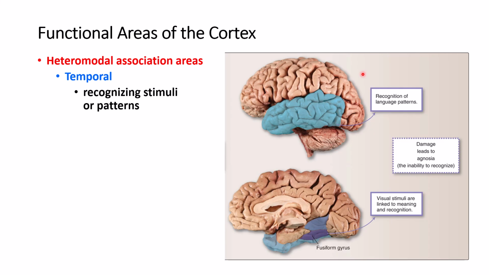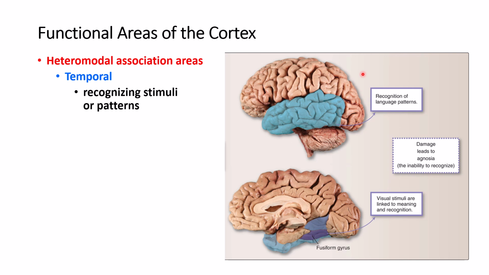Temporal lobe has a lot of different functions. It is important for language, emotional memory, factual memory, and sensory input, especially the auditory input, but also olfactory input is there.